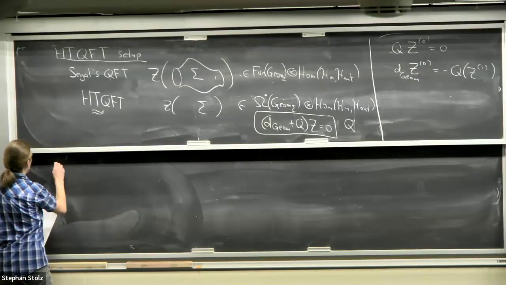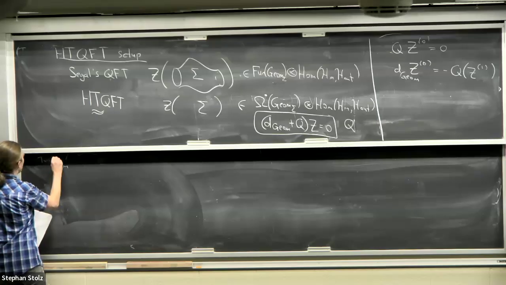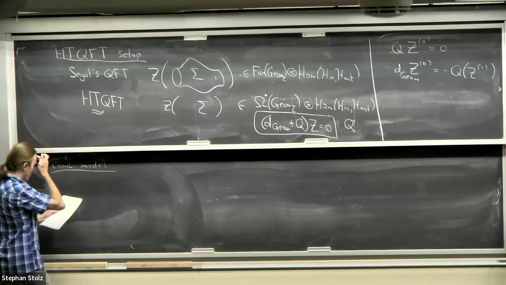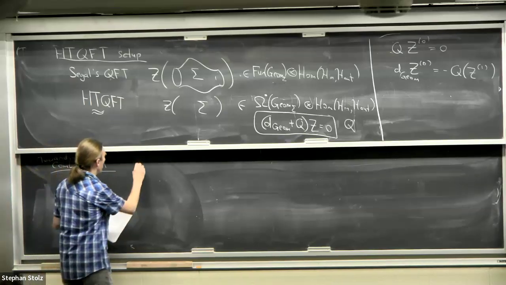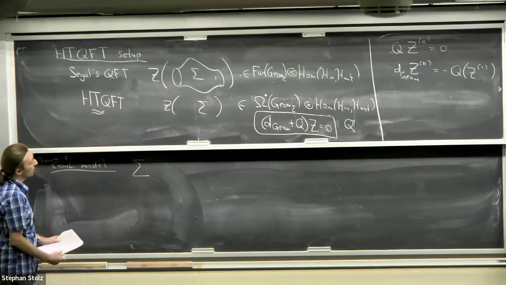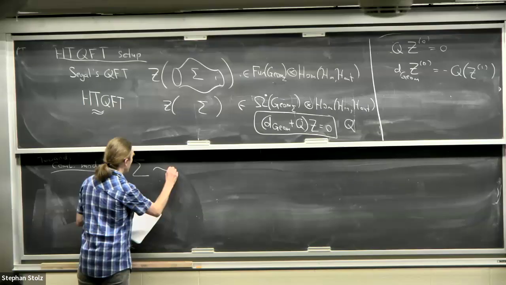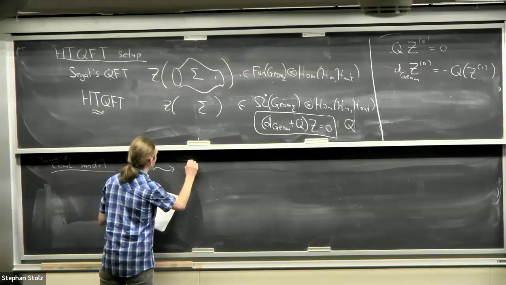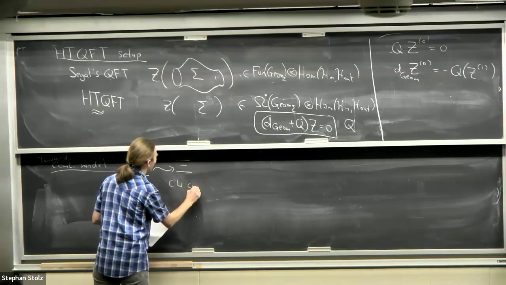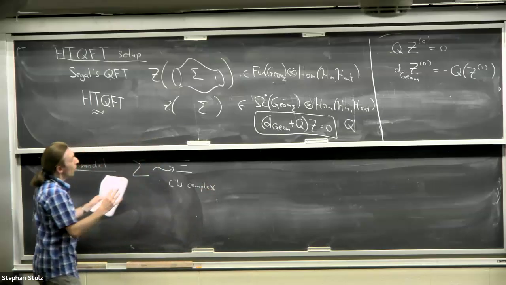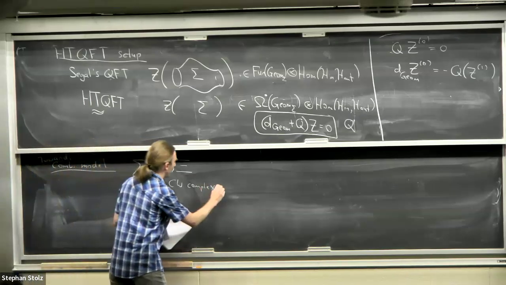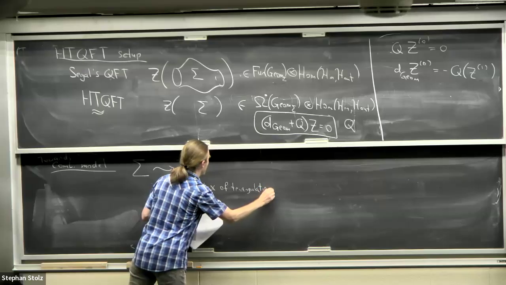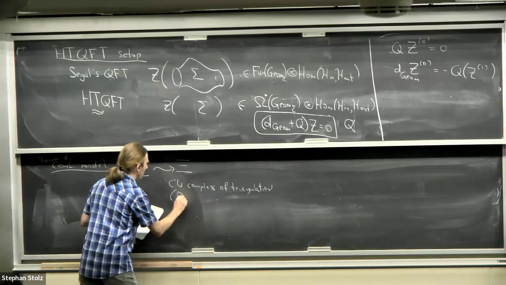So, fixing some kind of surface, instead of having the space of geometries on the surface, we'd like to think of some kind of CW complex of triangulations of the surface, a complex of triangulations of the surface, or let me also call it the arc complex.